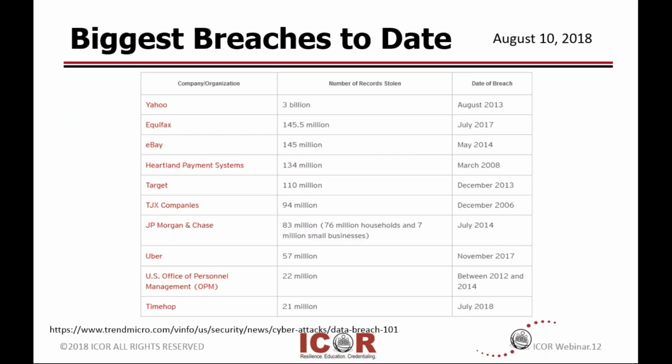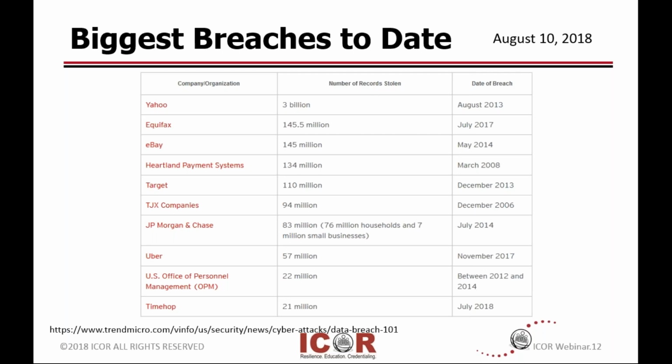So there is a study done by an organization called trendmicro.com. They do a lot of really interesting studies, but this was just as of August 10th, 2018. You can see the different companies listed here, from Yahoo down to TimeHop, and even Uber for some reason is becoming a big source for data breaches.